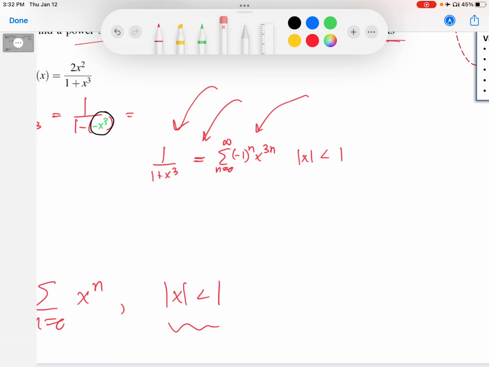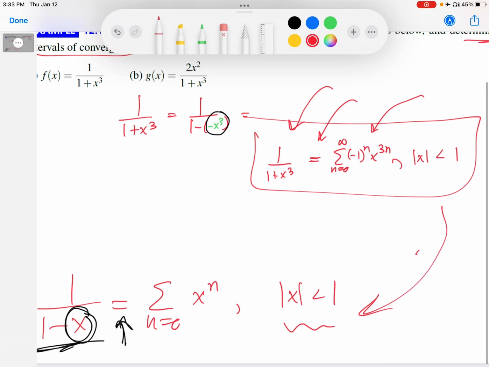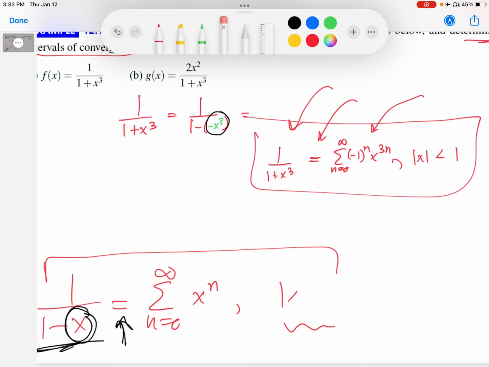So that would be the full solution. And again, we based all of that information on manipulating the power series for 1 over 1 minus x, which we have information for in terms of its interval of convergence, what it equals, and the power series itself. Great, so we did part A.